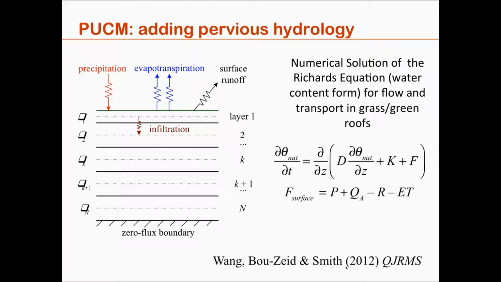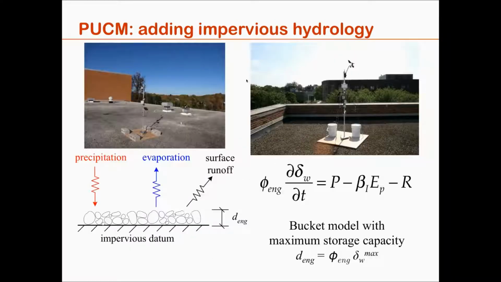So we solve the Richards equation that you see right here, which simulates water storage and flow in unsaturated porous media. And at the surface, we can have precipitation, evapotranspiration, and runoff. So this is now implemented inside the soil layers that are inside the canyon.